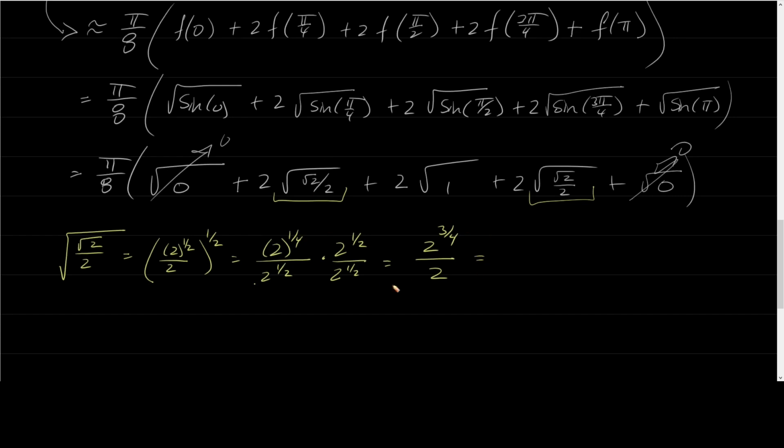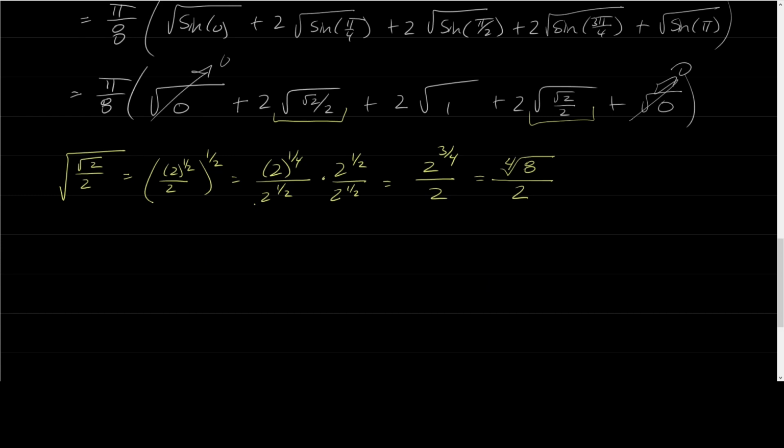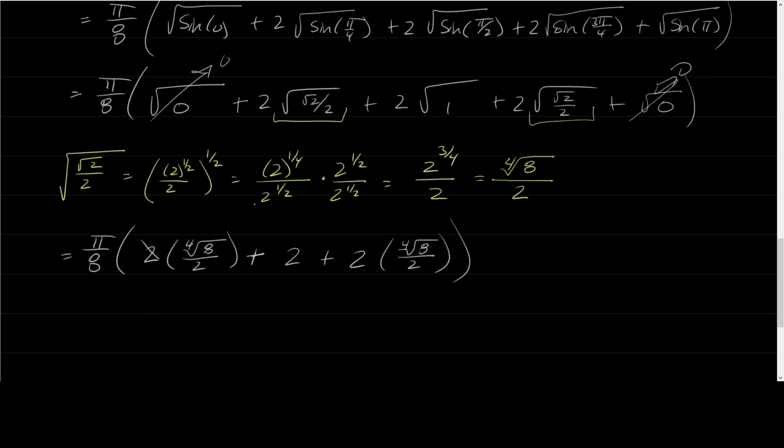I can rewrite this now as the 4th root of 8, all of this over 2. So let's go ahead and rewrite this line. We still have that pi over 8 on the outside. On the inside, I have 2 times the 4th root of 8 over 2, plus the square root of 1, which is just 1, so we have plus 2, and then plus 2 times the 4th root of 8 over 2 again.